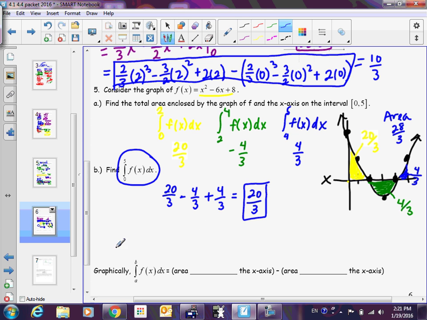Okay, let's fill in these blanks and then let's look on the next page. So graphically, what an integral represents is the area above the x-axis minus area below. There are certain types of problems where you really need to understand this.